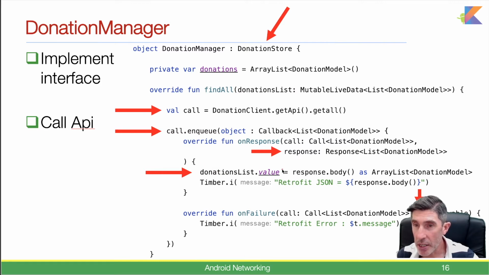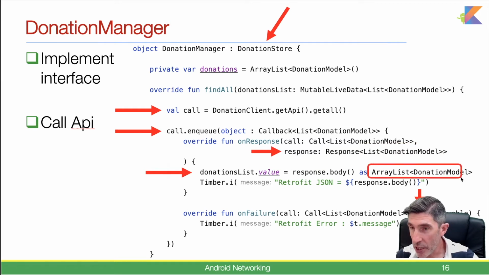Its value list is assigned, and this is the key here, response.body. Because we have specified in our retrofit builder that we want Google's JSON to do the conversions, when we say response.body, that will automatically take the JSON and convert it into the type of response that we expect, which is a donation model list.